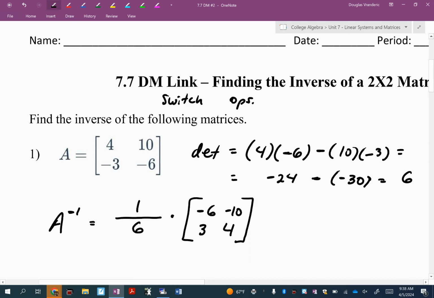The first diagonal, they switch places. The second diagonal, they become the opposite of each other. Whatever their signs were, they become the opposite. First diagonal, switch places. Second diagonal, opposite signs.